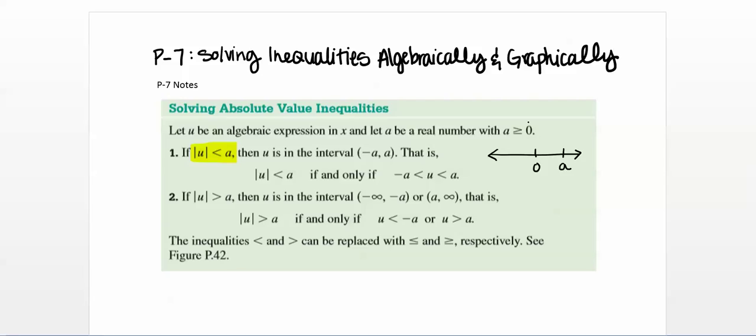So we have all of these numbers over here have a distance from 0 that is less than a, but a itself is not. So I'm going to put an open parenthesis here. But on the other side of 0, we can go all the way to negative a.